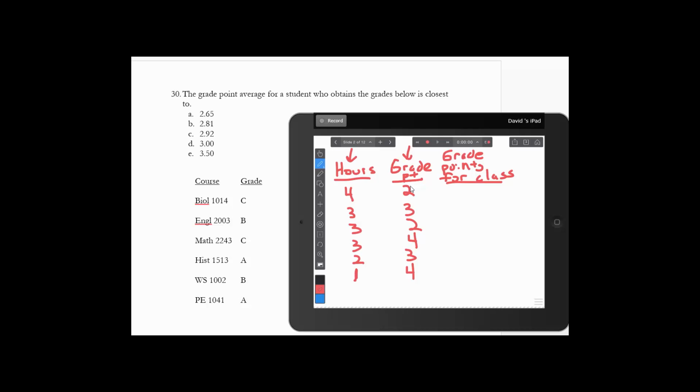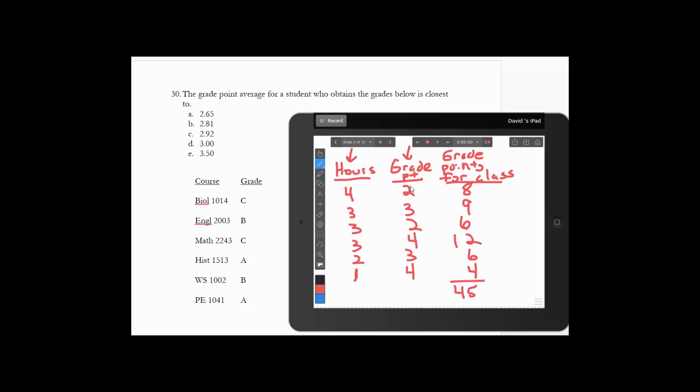So for each class, you just take the product of those. So for the biology class, you earned 8 grade points. And for the English class, 9 grade points. And so on. And when I add that up, I get 45.